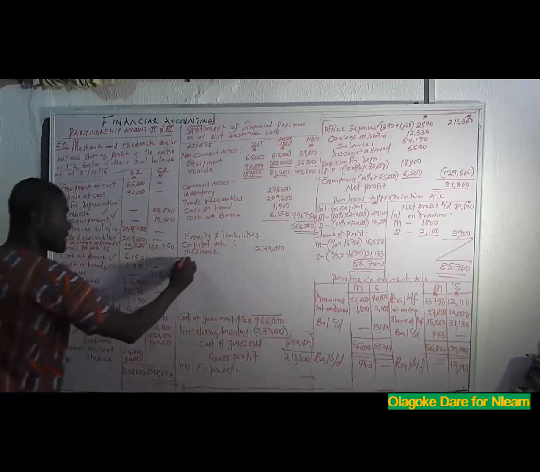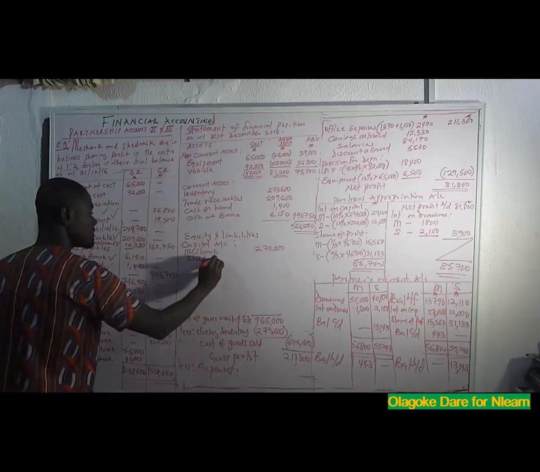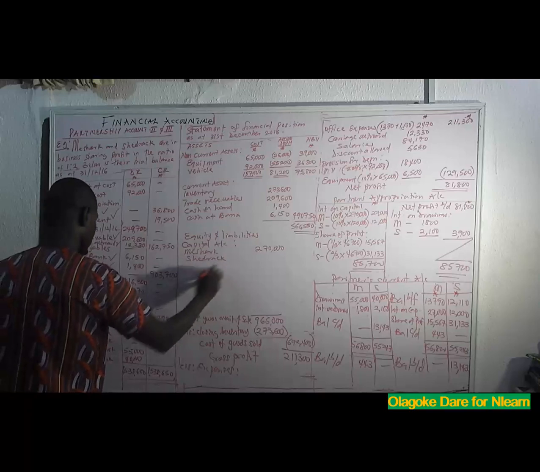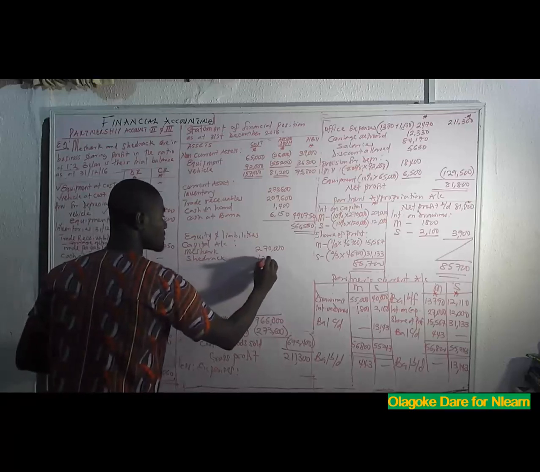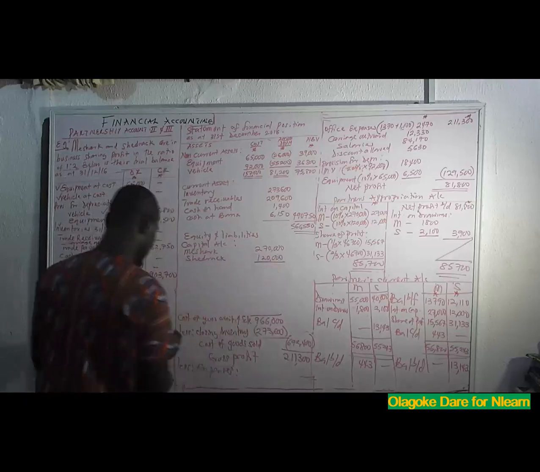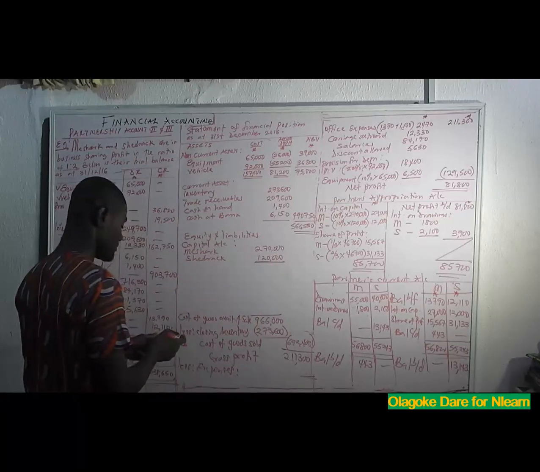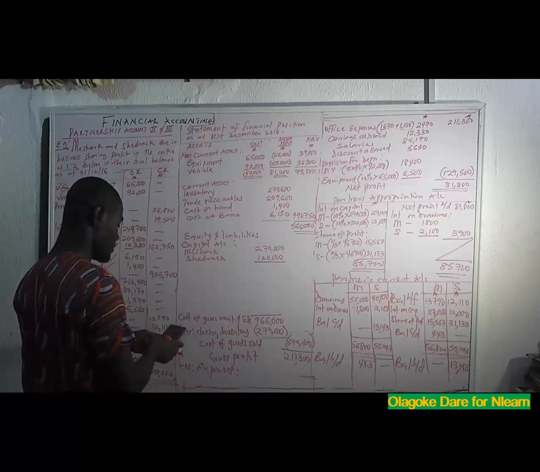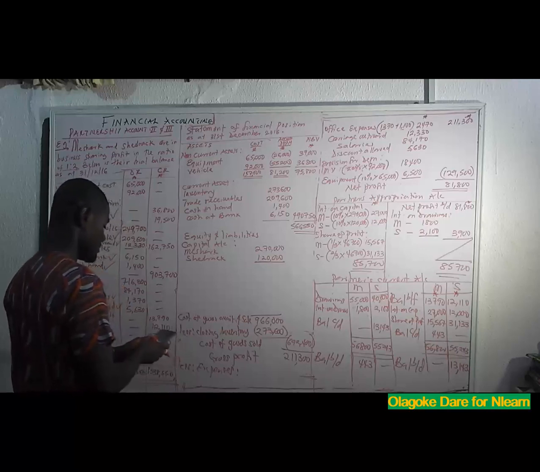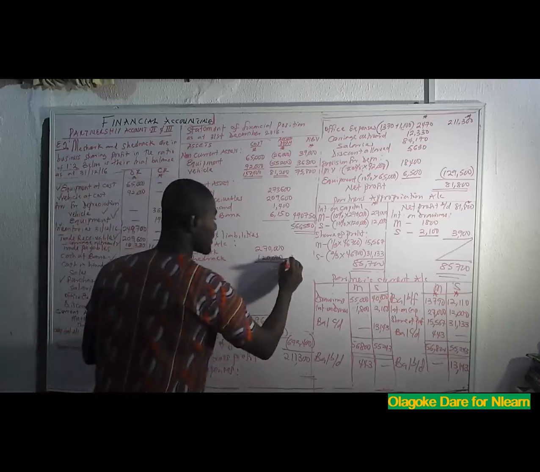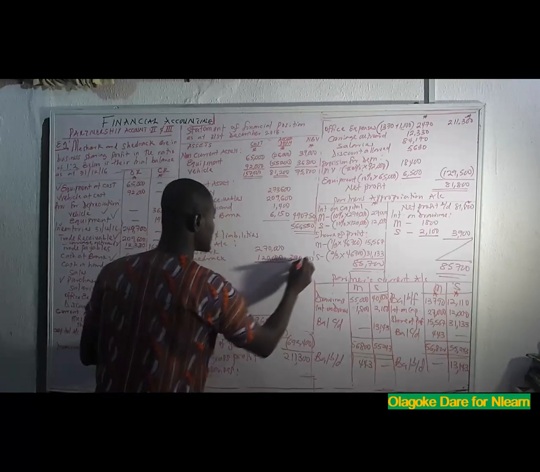That of Shadrach is 120,000. Let's sum them together: 270,000 plus 120,000, we have 390,000.